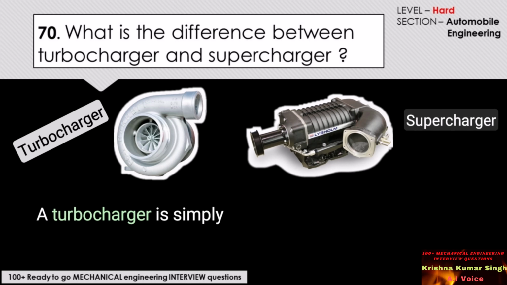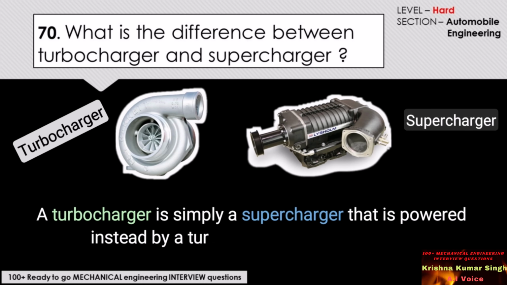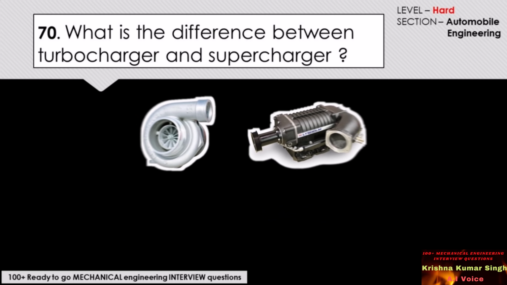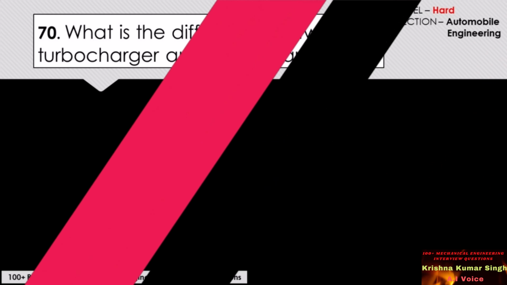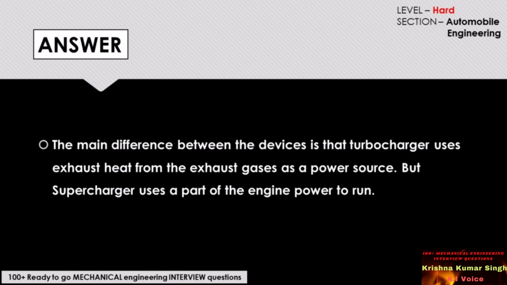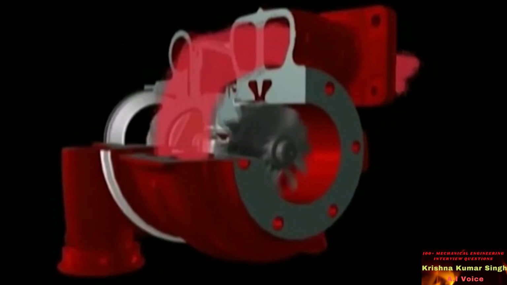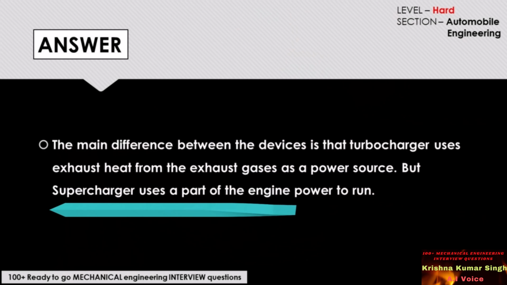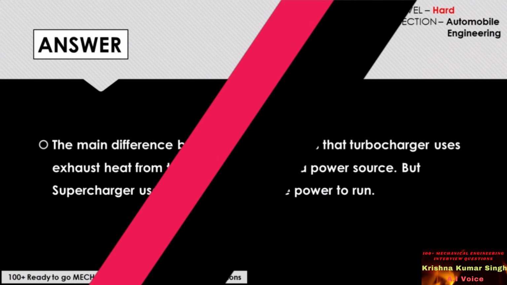A turbocharger, on the other hand, is simply a supercharger that is powered by a turbine in the exhaust stream. The main difference between these devices is that a turbocharger uses heat from the exhaust gases as a power source, but a supercharger uses a part of the engine power to run.